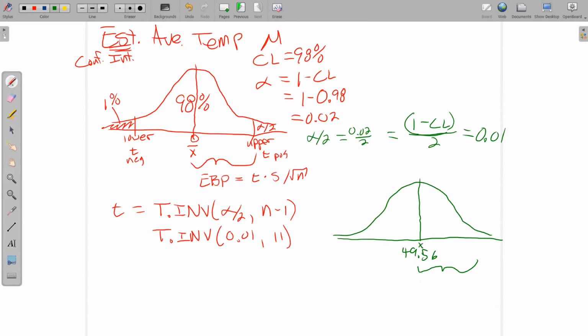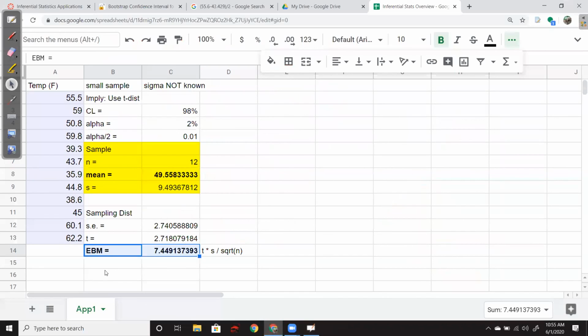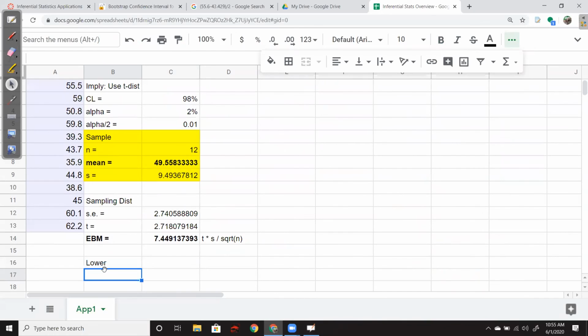So this is my X bar and my error bound on the mean, 7.45. So then I can add the 7.45 to this side to get the upper, and I can subtract the 7.45 to get the lower over there. That's the last thing we do on the spreadsheet. So lower and upper equals the mean minus the margin of error, and the mean plus the margin of error.